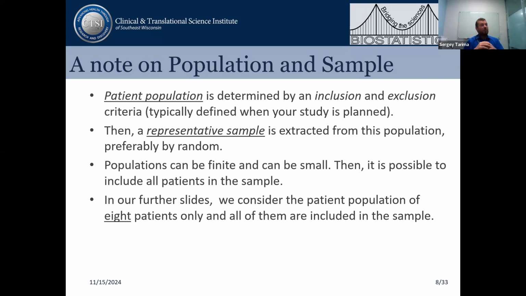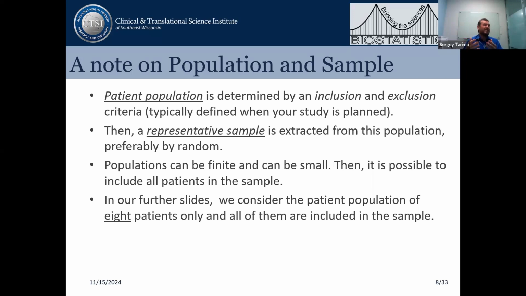Populations can be big, like thousands and millions of potential patients. And you can define a population to be small, some finite population. For our talk, for simplicity, we will consider a very simple finite population of 8 patients. And we would assume that our population, since it's only 8 patients, is fully included in our sample.